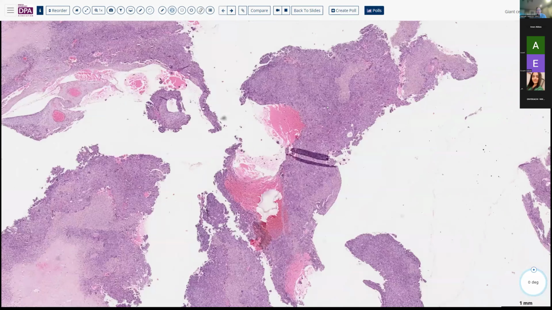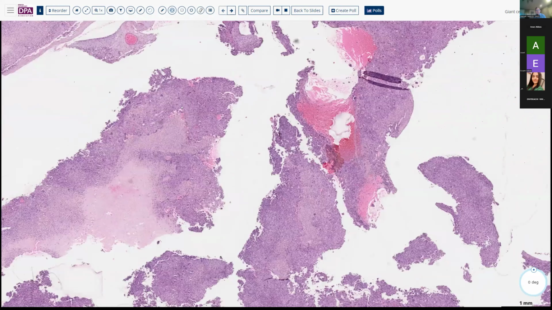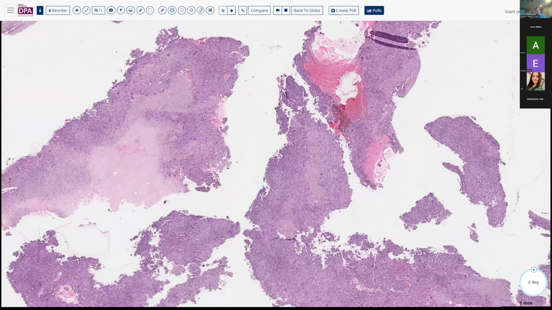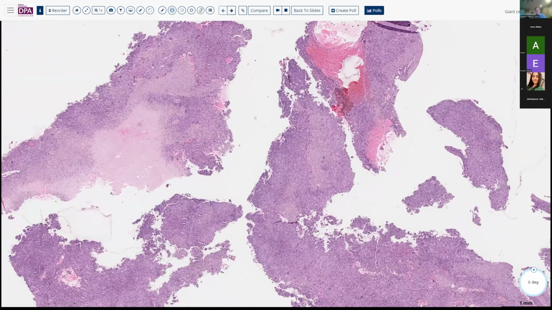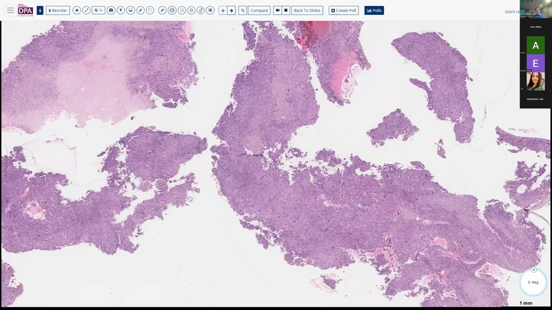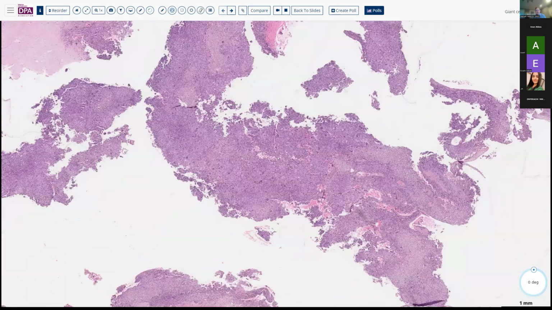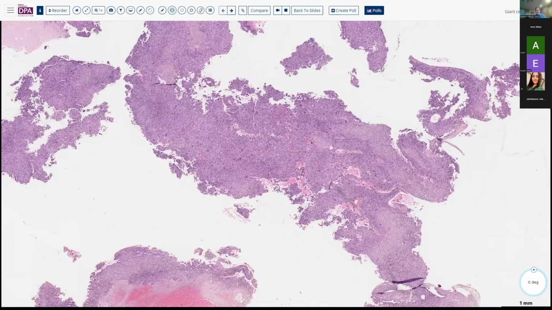And probably also at this magnification, you should be able to begin to appreciate that there are some giant cells here. You can see these slightly condensed areas here as well. I emphasize this because your low magnification view, your first view of something, is going to be very helpful in terms of your ultimate diagnosis.